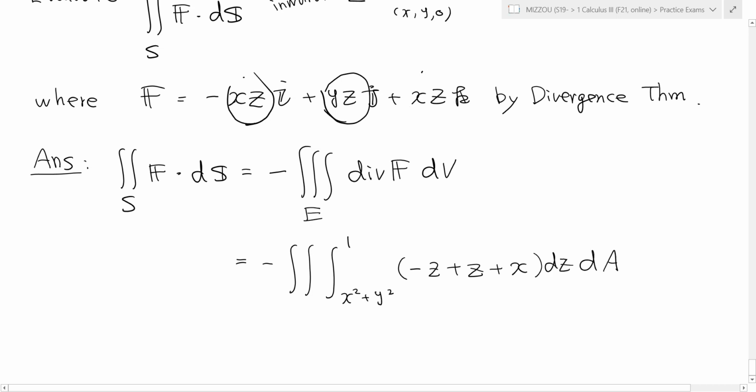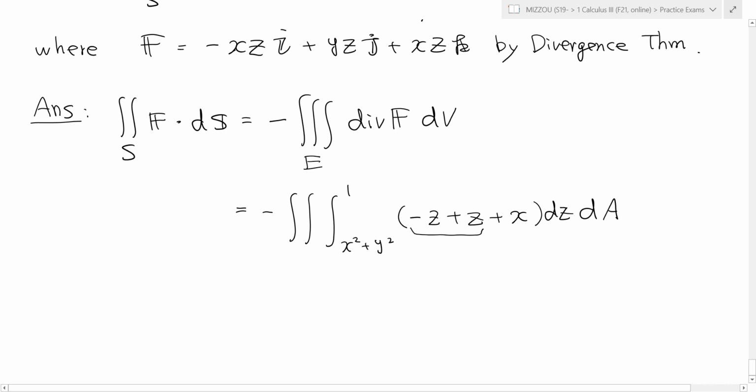That's the integral you compute. And by the way, this gets cancelled out. So this is the integral from x squared plus y squared to 1 of x dz dA.